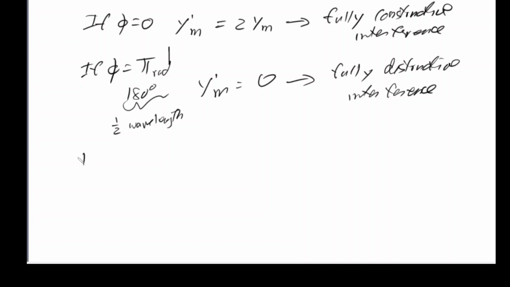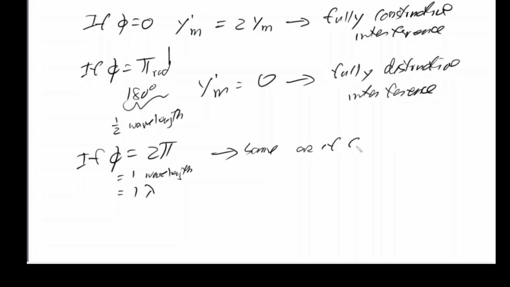And if phi is equal to 2 pi, which is 1 wavelength, or 1 lambda, then this is the same as if phi was equal to 0 and the waves are fully in phase.